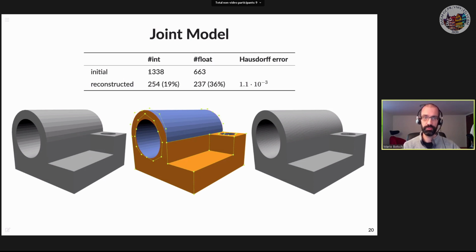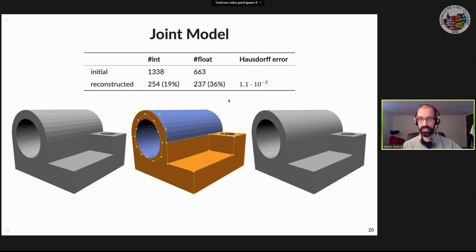We see the number of integers and number of floats that we need to store for the initial mesh, and on the bottom row, the numbers that we need to store for the reconstructed one, basically for the one in the center, for our encoding. The compression rate is not great because the meshes on the left-hand side already are very coarse.